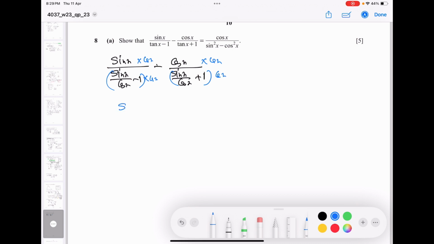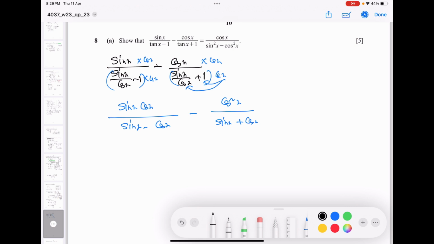Sin x cos x and cos x multiplied sin x minus cos x, this is cos square x. We can write the same thing, sin x plus cos x. This cos x is multiplied, cos x cancel, sin x remaining, cos x multiplied with 1. Okay, fine.